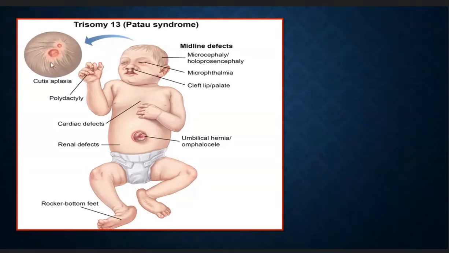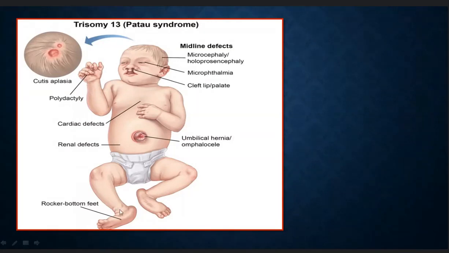Now, the hand is like that of Edwards syndrome. They have abnormal fist, clenched hand, overlapping fingers. Adding to that, they have polydactyly, extra digits. In the abdomen, they have umbilical hernia or omphalocele. And also they have rocker bottom feet.